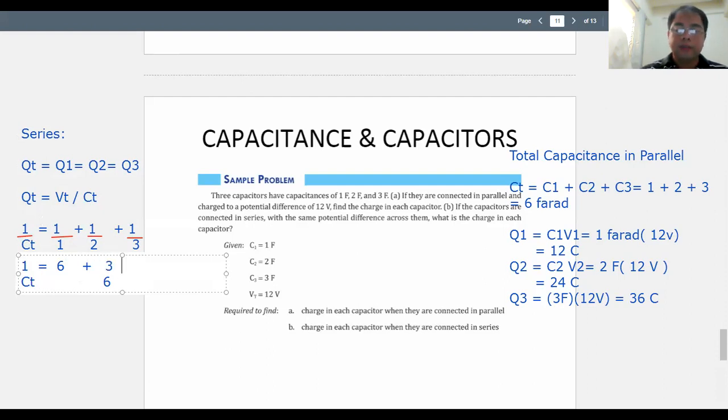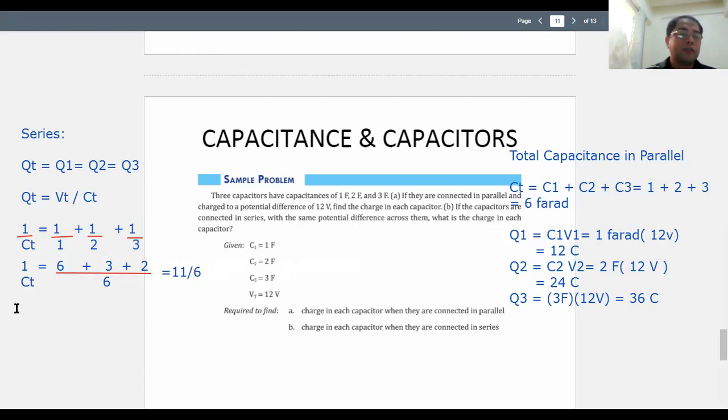If you divide 6 by 3, that gives you 2. So 6 plus 3 plus 2 is 11. So our fraction is equal to 11 over 6. But that's not the answer yet.